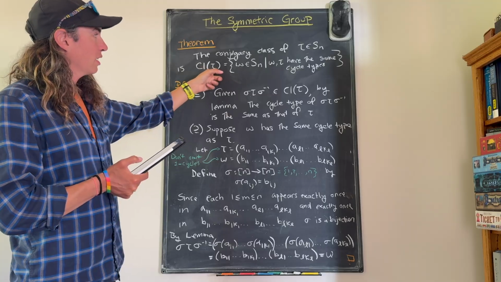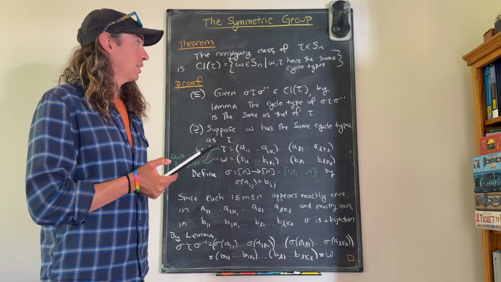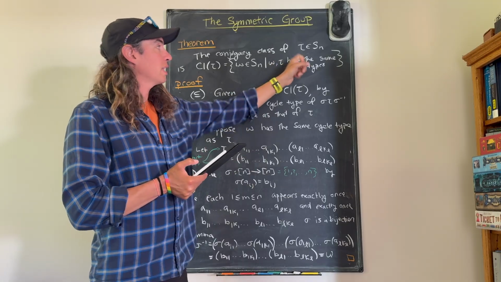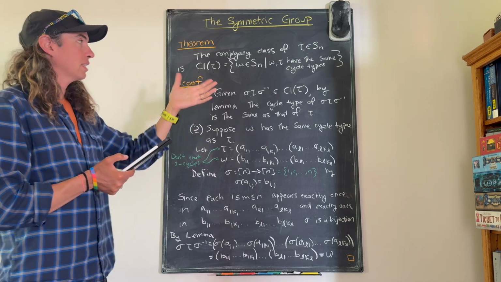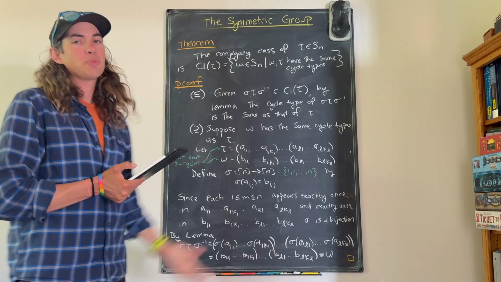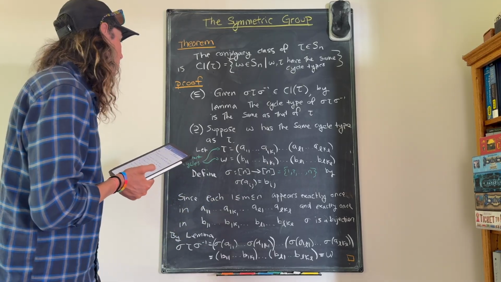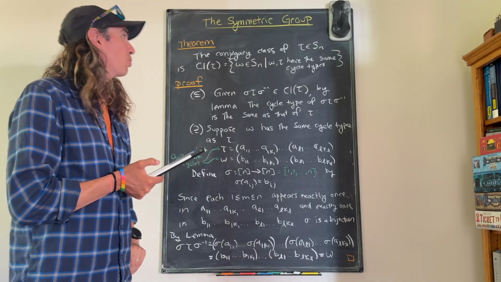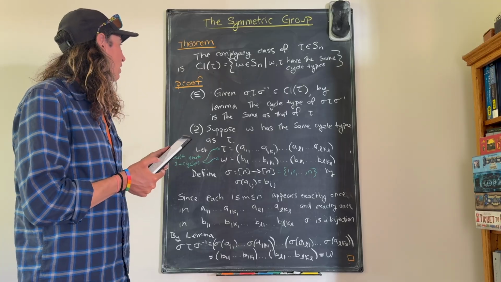The conjugacy class of tau is the set of omega in Sn such that tau and omega have the same cycle type. So the things that are conjugate to tau in Sn are exactly the things that have the same cycle type as tau. Very beautiful result, and extremely useful, especially in Coxeter group theory. When we apply our Coxeter group theory to the symmetric group, this will be very helpful.